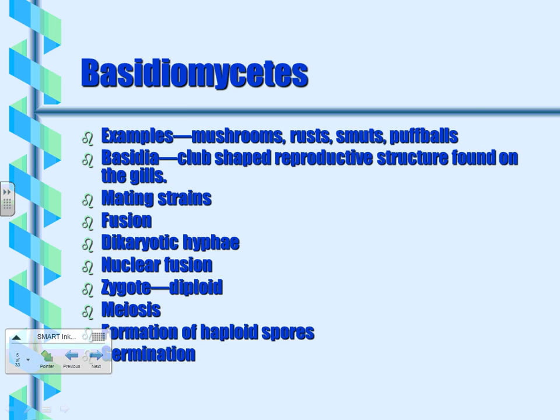All right, so let's start with the group that's most common, most familiar to most people, basidiomycetes. First of all, notice some examples. These are mushrooms. Some of you have probably seen puffballs before. You know what a puffball is?